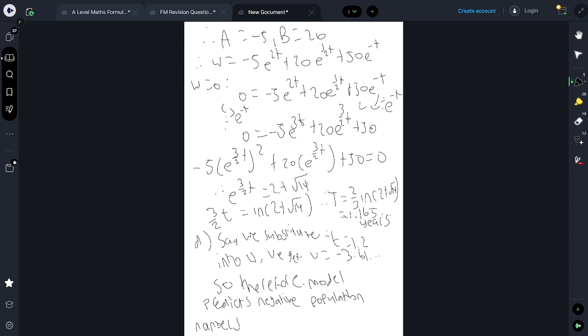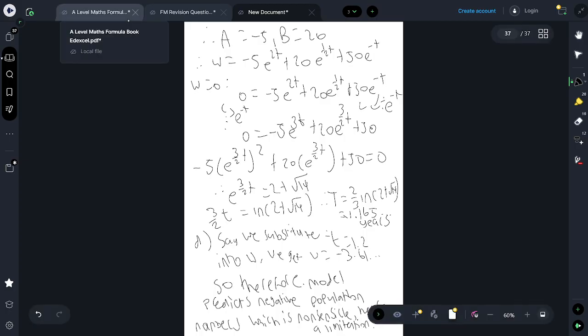Because obviously that's what W represents, the number of crayfish or something like that. It predicts negative population numbers, which is nonsensical, hence a limitation of the model, right? So it says either population becomes negative, which is not possible. So that's kind of what we said there, right?